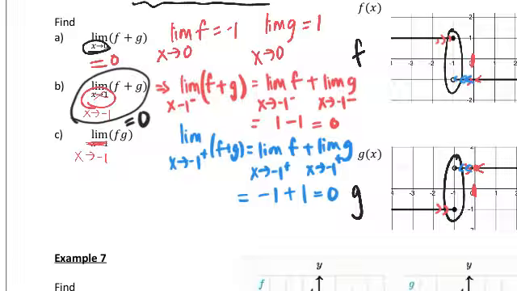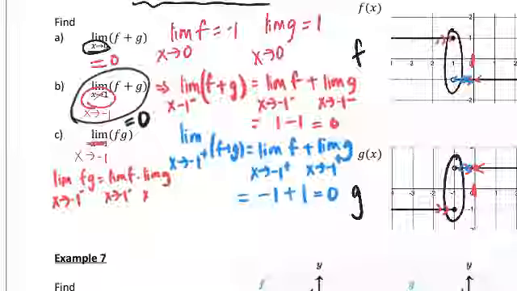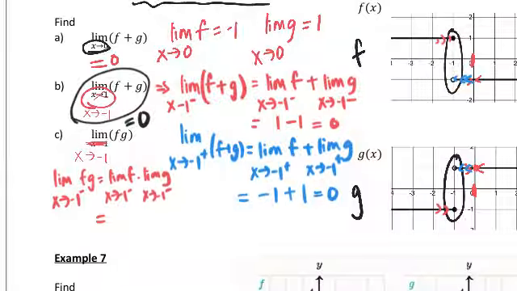The next one is FG, right? FG, again, we want to do a one-sided analysis. So we're going to come in from the left on FG, and that's really the left on F times the left on G. And you're going to get an answer of 1 times -1 or -1.